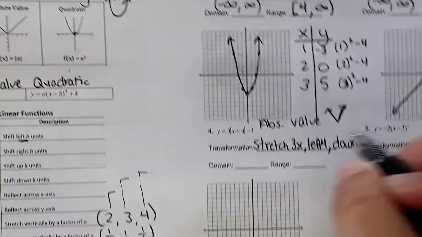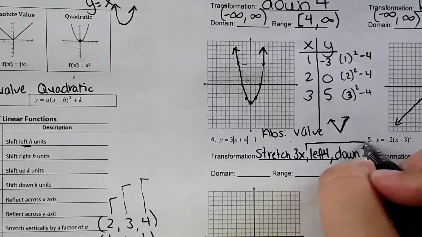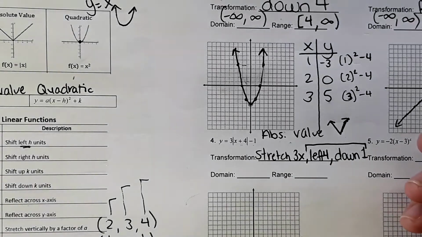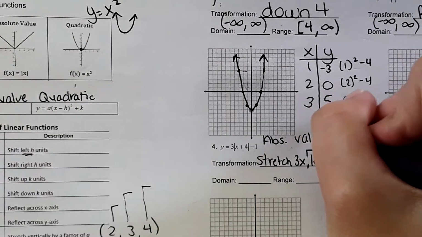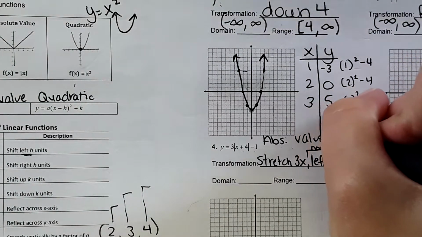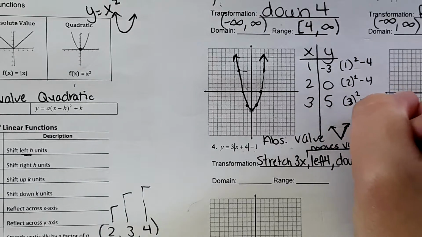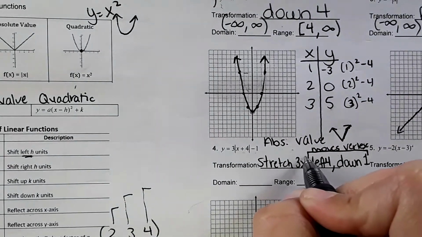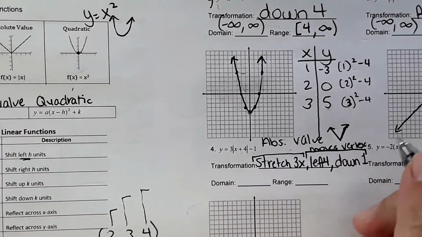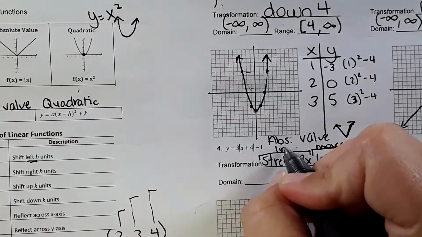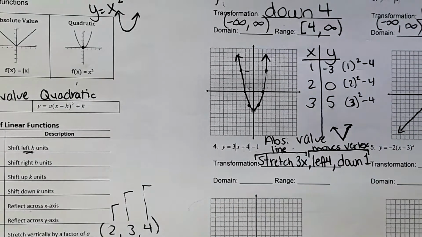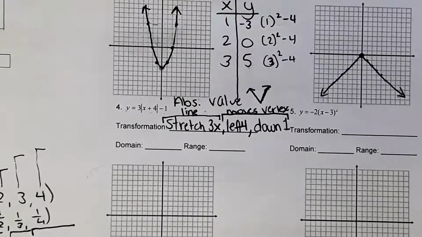As far as what this means, these have to do with that original point. So this moves the vertex. And then this changes the line. Again, we're just going over these. Until we practice it a bunch of times, it's not going to seem super simple.